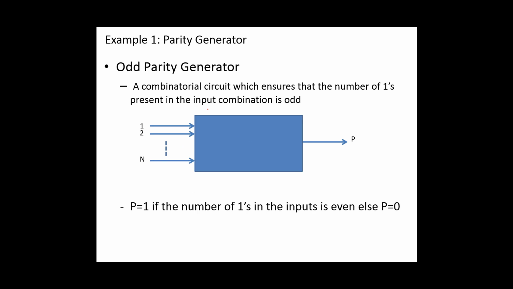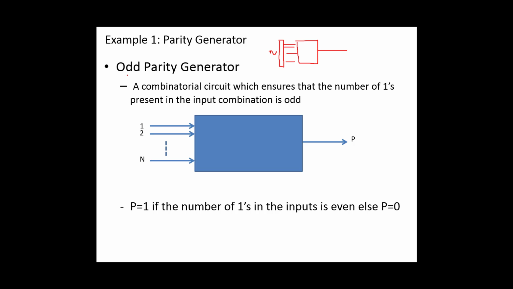So let's start with a simple example. Example 1 is a parity generator. What is the function of a parity generator? Basically, a parity generator has n inputs and 1 output, and it makes sure that the number of ones in the input combination is either even or odd.